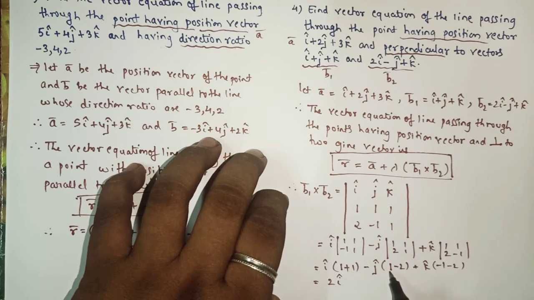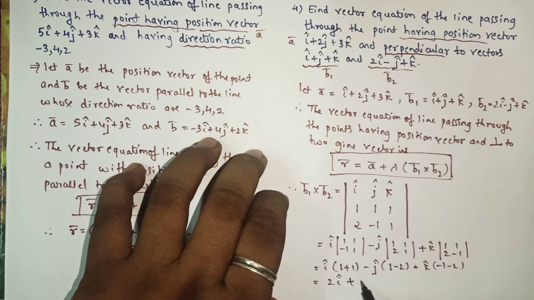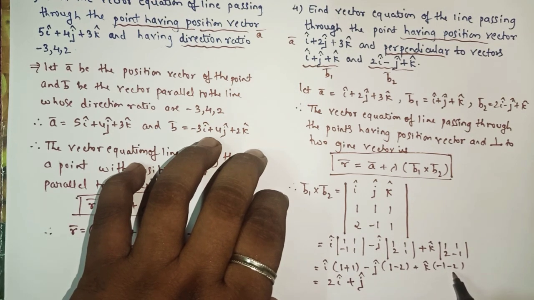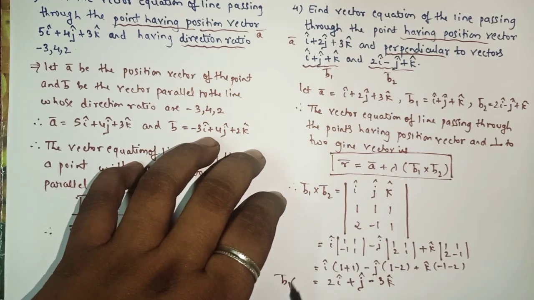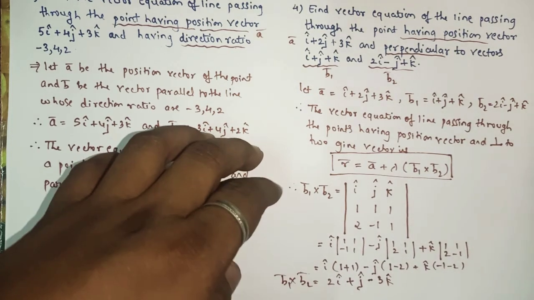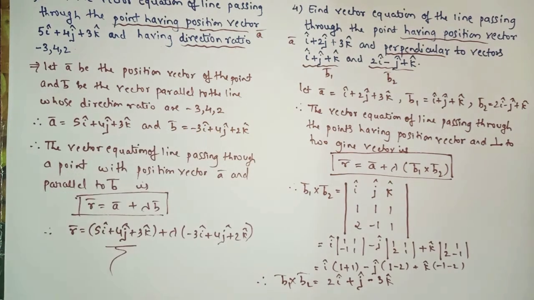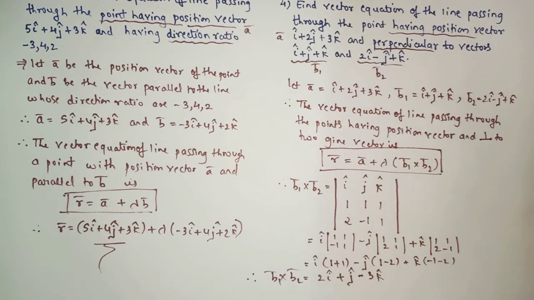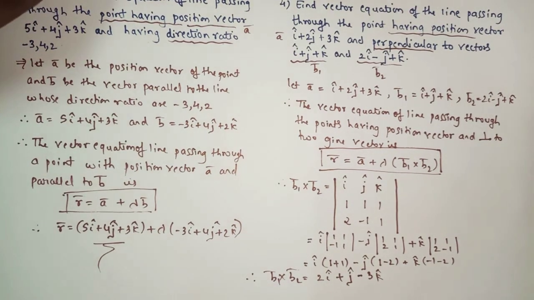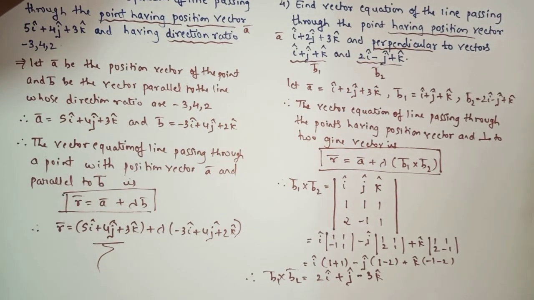Okay, so 1 and minus 2 will be minus 1, so minus and minus will be plus here. Yes or no? And minus 2 minus 1, that is minus 3, so this will be minus 3k. So here we got b1 cross b2 also. That is a cross product. I hope you all know how to solve the cross product between two given vectors.